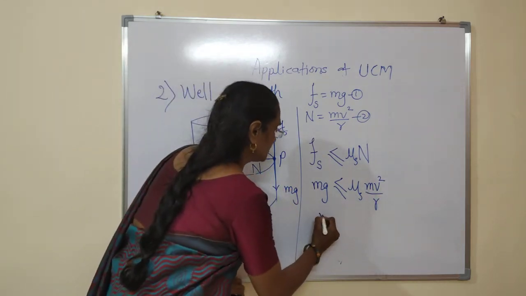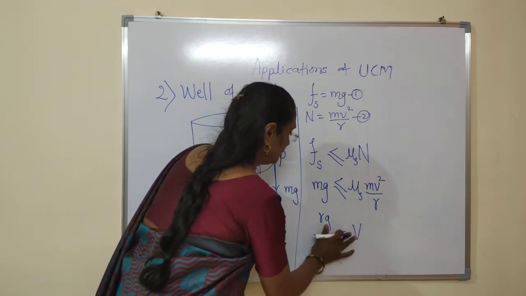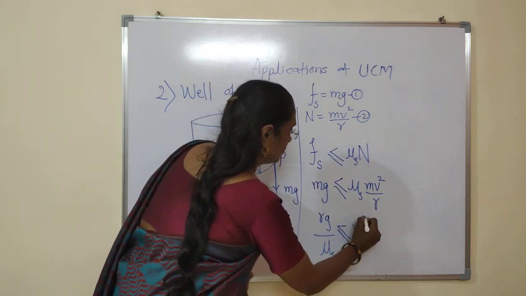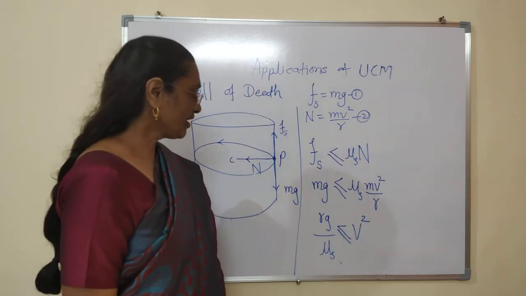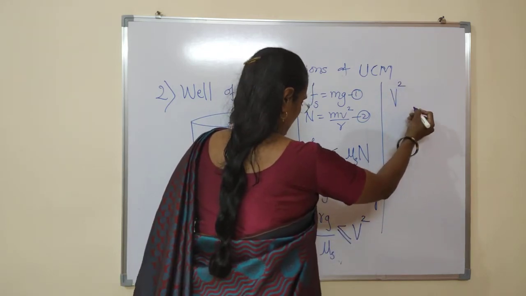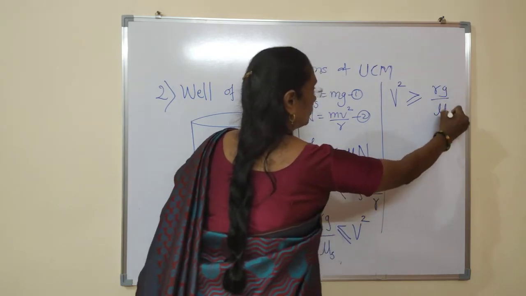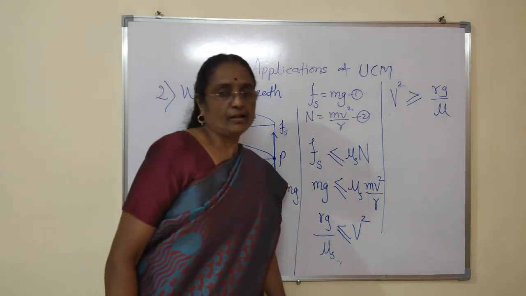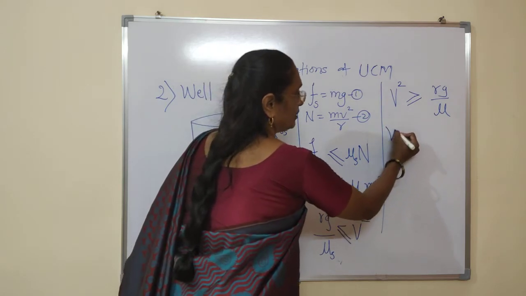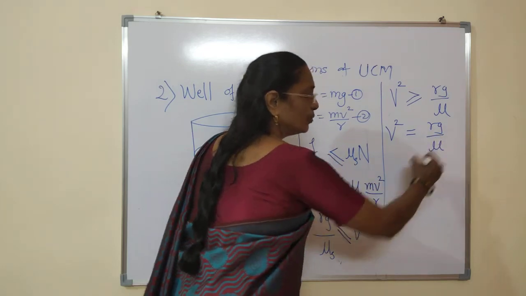Adjustments give us v square is greater than or equal to rg upon mu s. But here, instead of greater than or equal, we take it as v square is equal to rg upon mu.